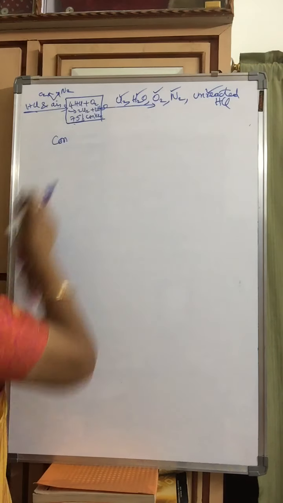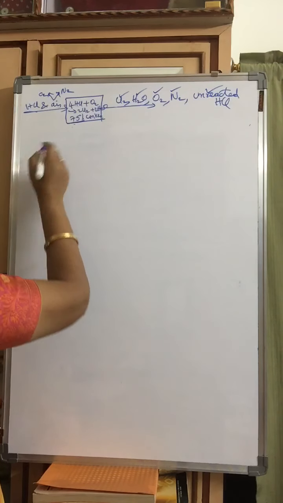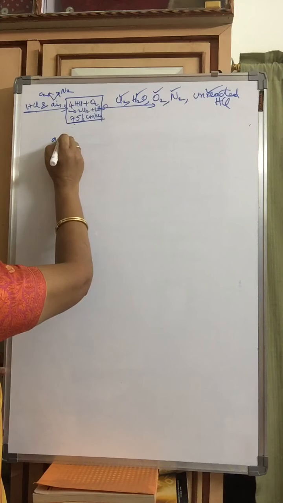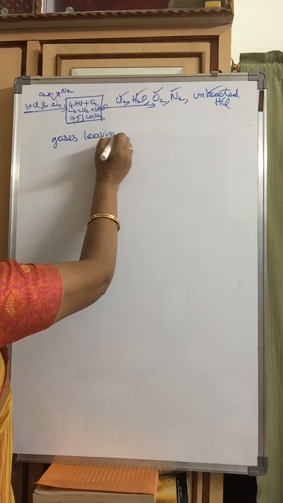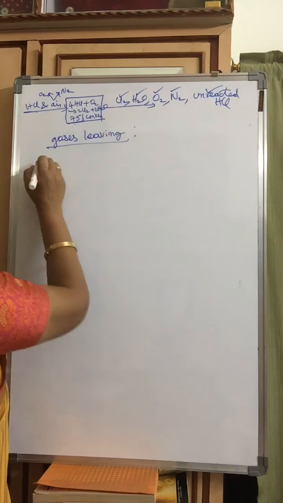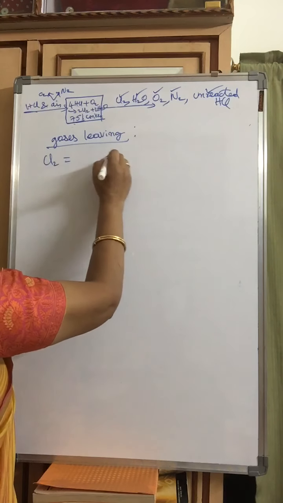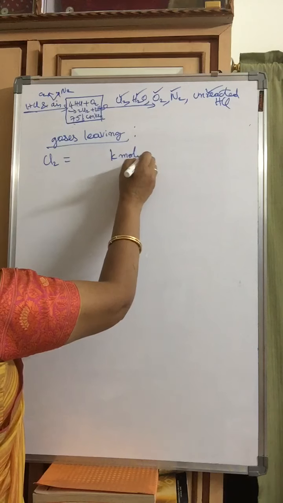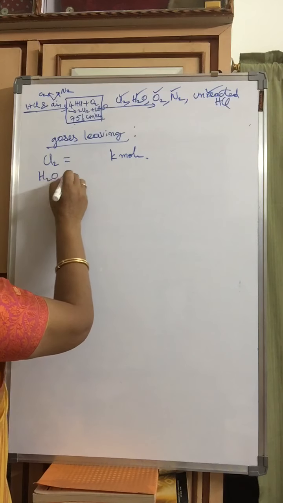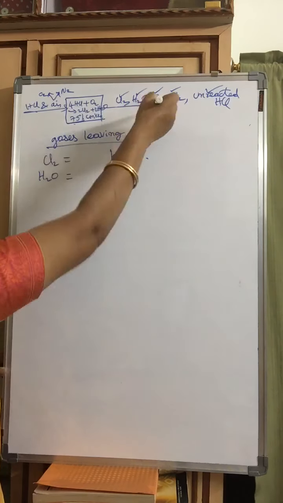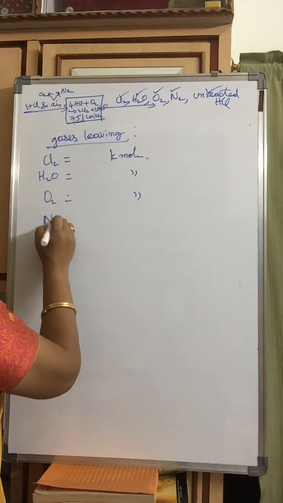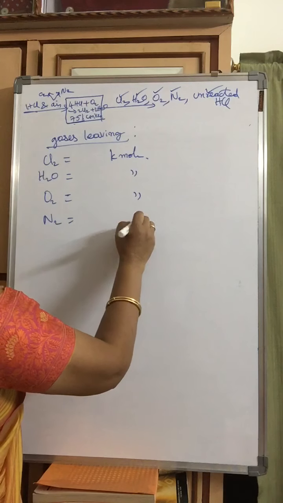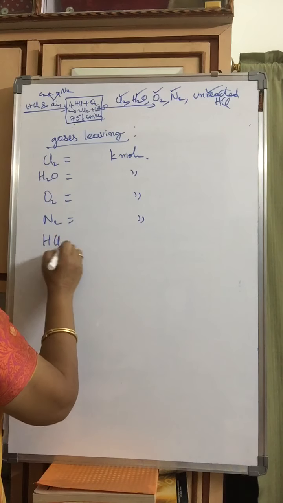First, let us list out the gases leaving, all in kilomoles. Chlorine, water, oxygen, nitrogen, then HCl.